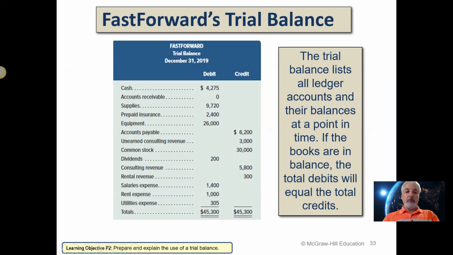Payables, unearned revenue, common stock, credit. Dividends, debit. Revenue, credit. Expenses, and sure enough, 45.3 equals 45.3. We're in balance, life is good. A chart of accounts is just the name of the accounts, but the trial balance includes balances, a left set and a right set.